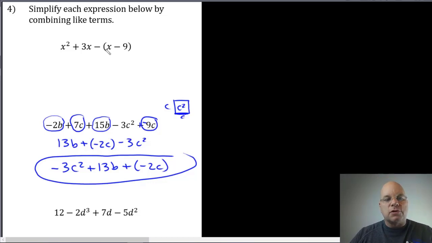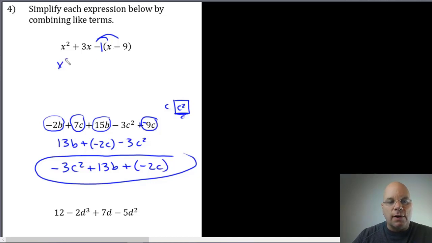Okay, going back to the first one, this is a little trickier because we're subtracting this quantity x minus 9. So this is like having a negative 1 outside of the parentheses. I need to distribute that negative 1 to both terms. If I multiply negative 1, I'm just taking the opposite of what's inside here. The opposite of x is negative x.